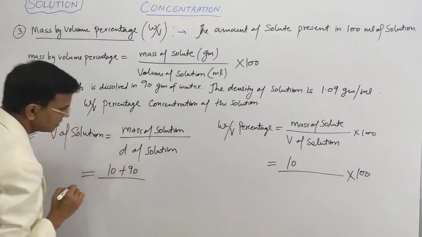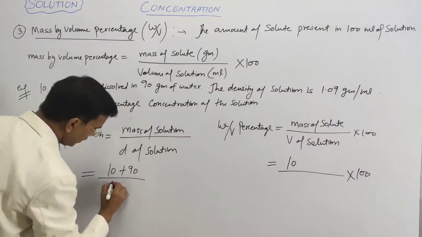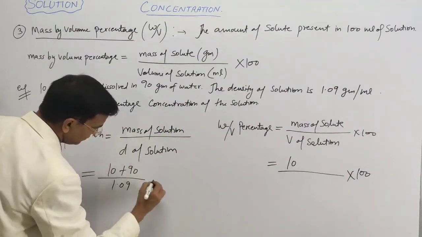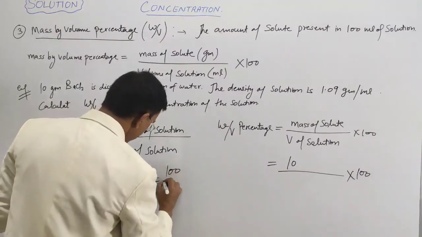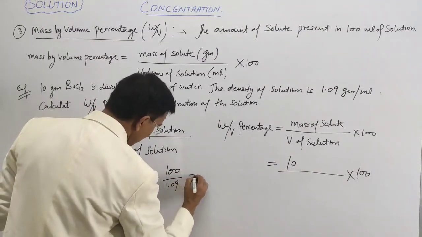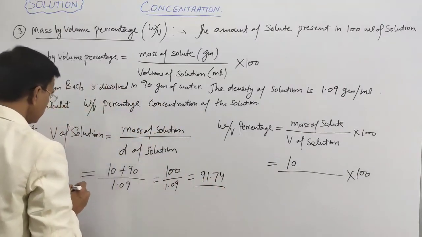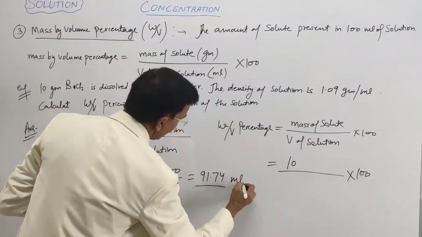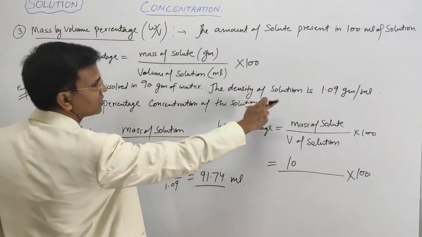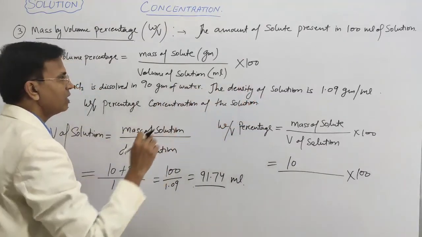It is the total mass of solution. Now the density of the solution is given, that is 1.09. So it will be 100 upon 1.09, around 91.74, right? So it is the volume of the solution. It is in ml because it is in the CGS system, grams and mLs.